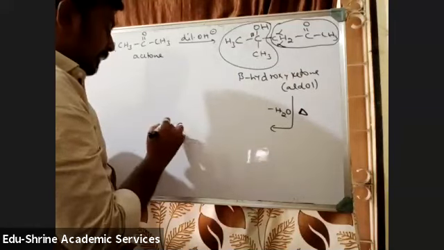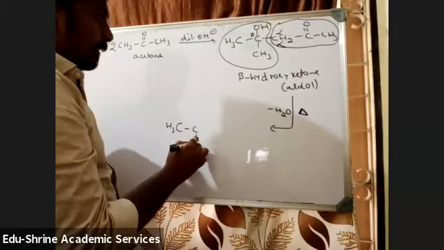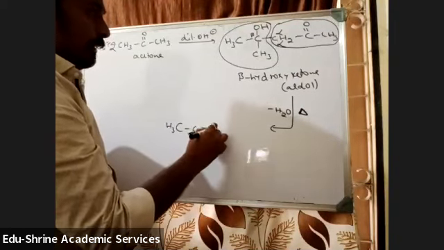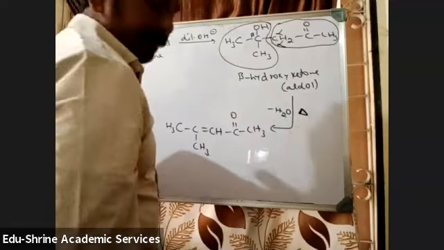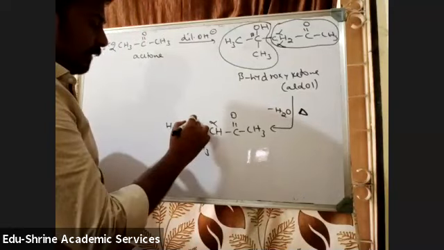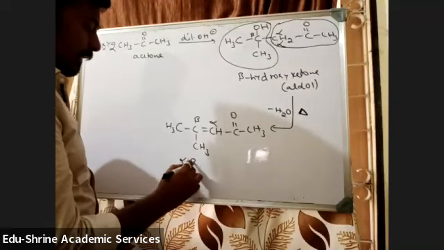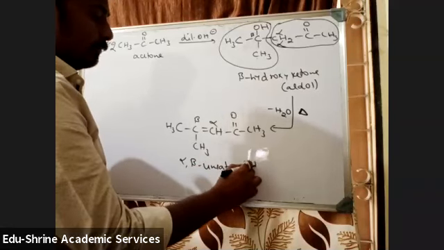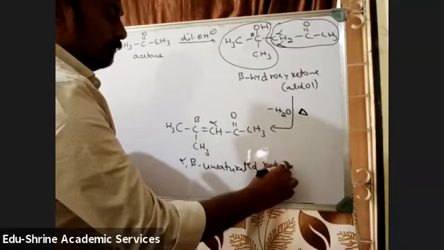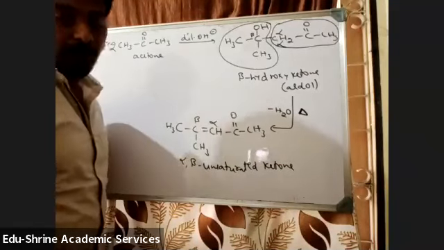So you'll get CH3, CH3, double bond CH, C double bond O, CH. So this is alpha and this is beta. So alpha beta unsaturated ketone is formed.